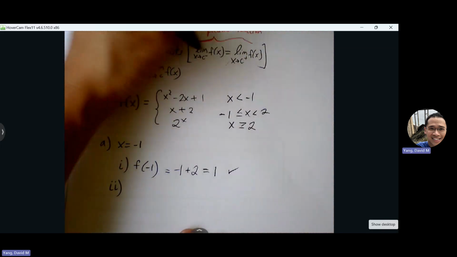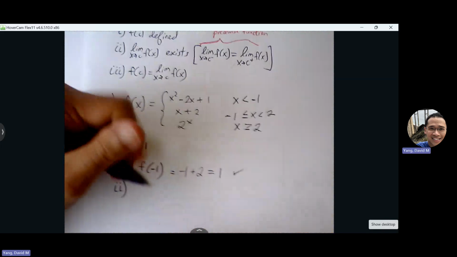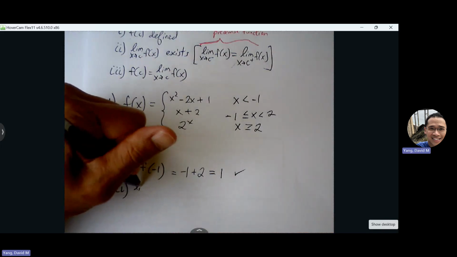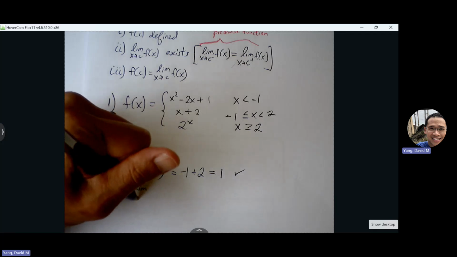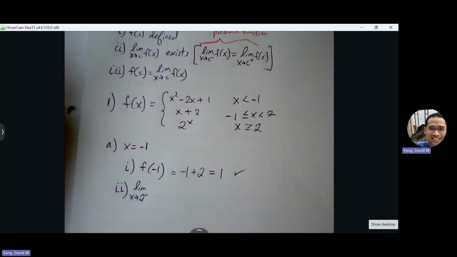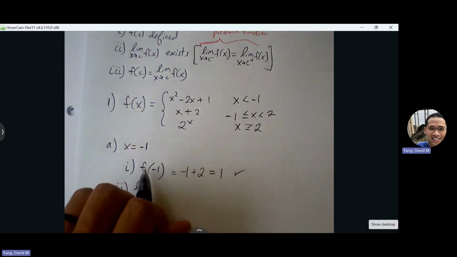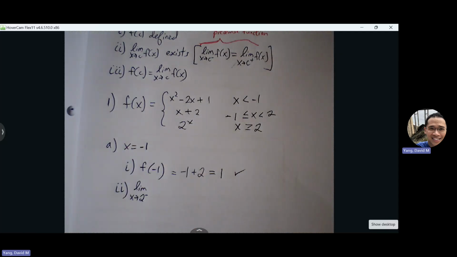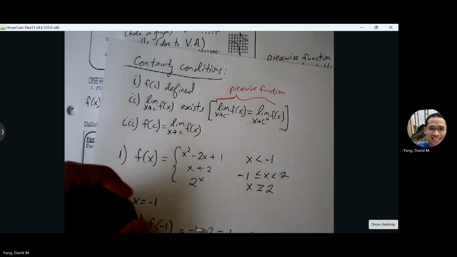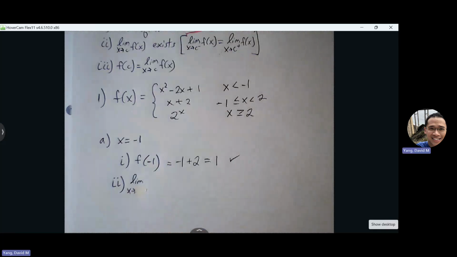So it doesn't matter which one you do first. I'm just going to start from the left. So limit as x approaches -1 from the left side. Sorry, my bad, the x value is -1, not 2.